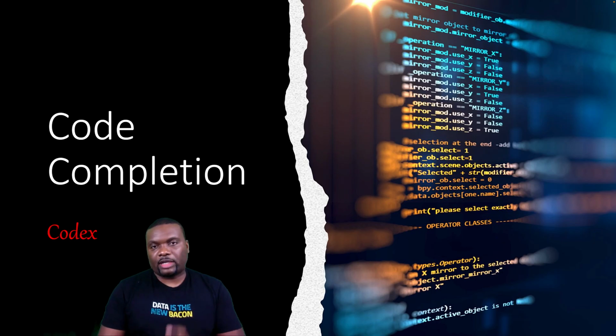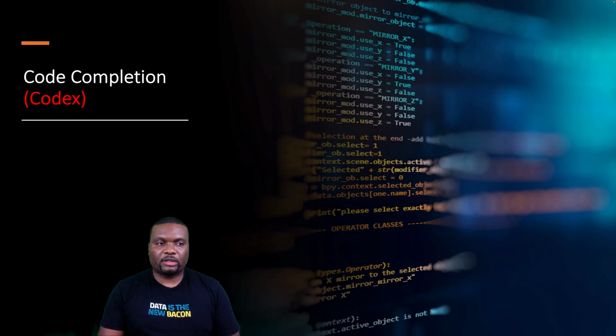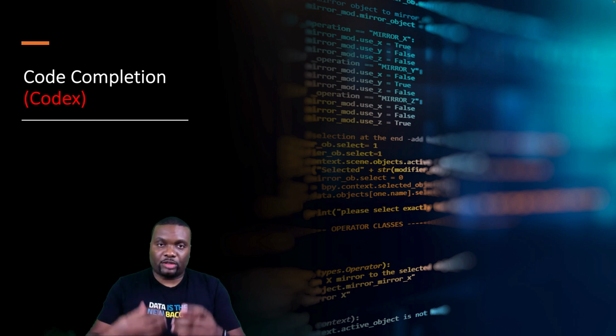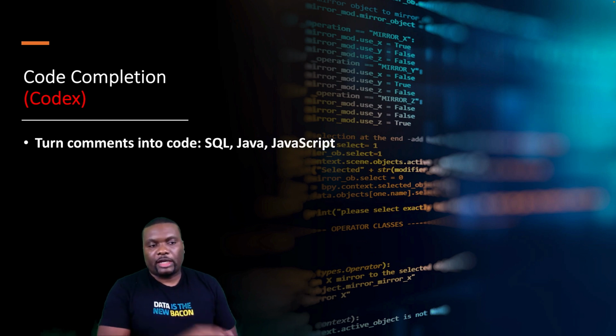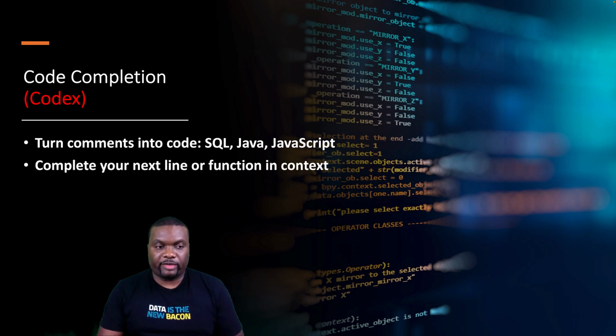Now, let's take a look at code completion. Code completion is another model. This is being used in something like GitHub Copilot, where you can put in a comment, and based on that comment, it is able to generate code in a specific language, or it can generate SQL syntax to insert, to update, to delete, or to modify a particular row. So if you're looking to turn a particular comment into code in any programming language, the Codex model is very helpful for that.